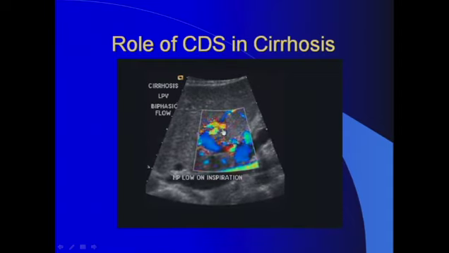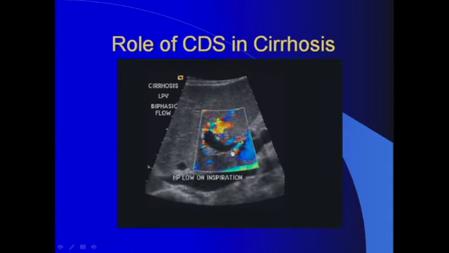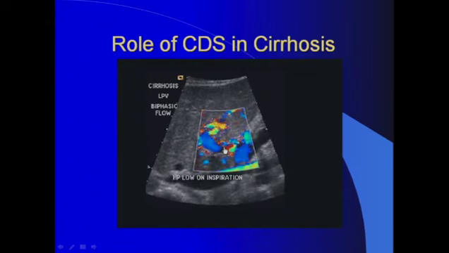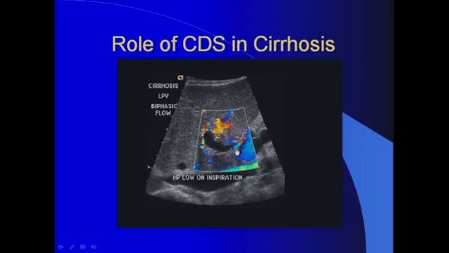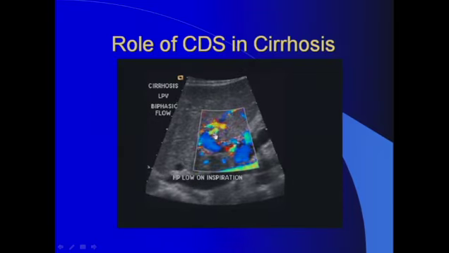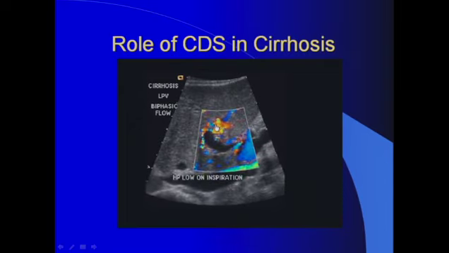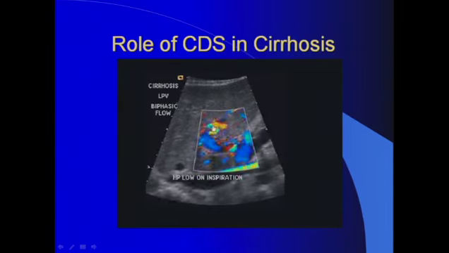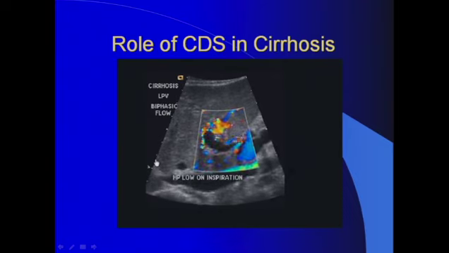Although we have partial reversal here, we know that this patient has portal hypertension given the fact that the left hepatic artery in this instance is really enlarged and showing significant frequency shift, i.e. aliasing, which also supports the diagnosis of portal hypertension.